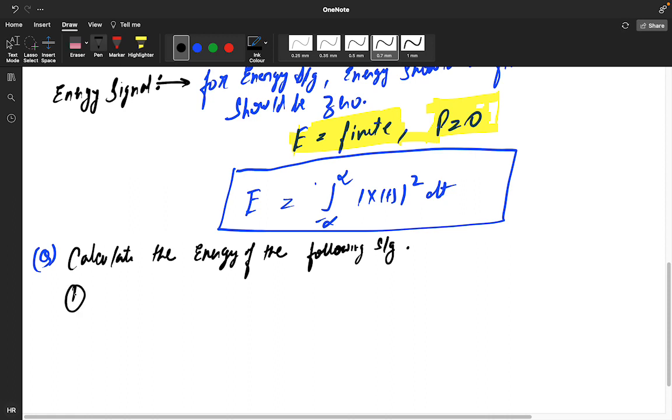First question, what you are getting: x of t is e power minus a t, u of t, where a is greater than 0.